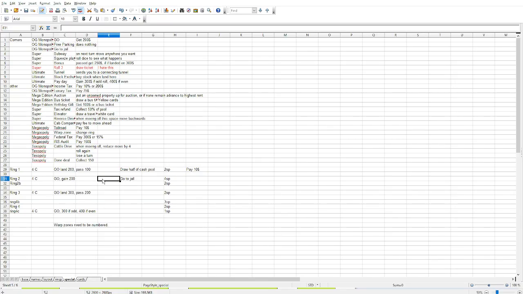I will make this a warp zone. Okay, so warp zones. This is something that Megaopoly did with warp zones.